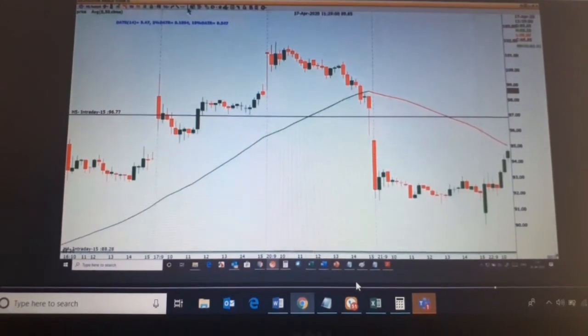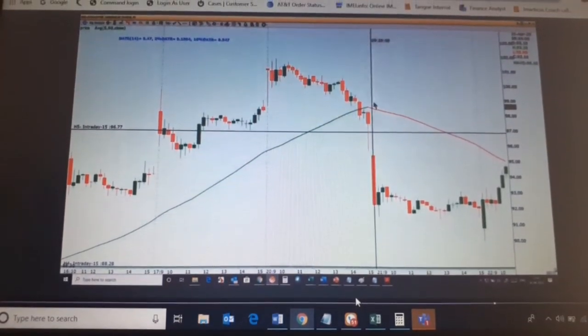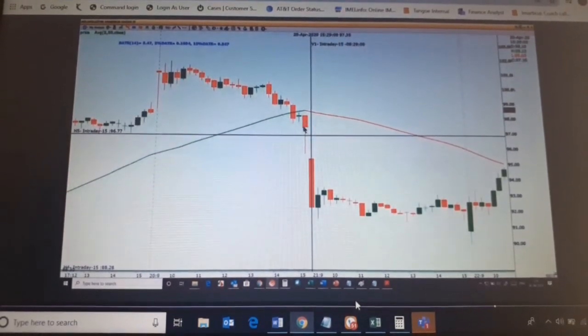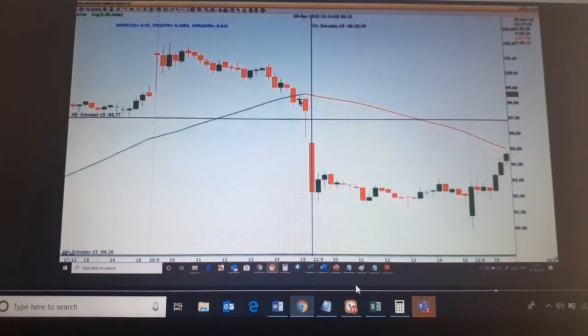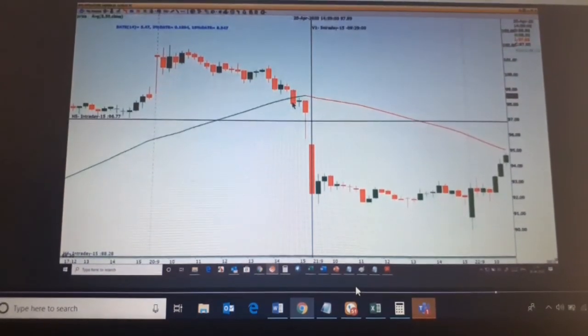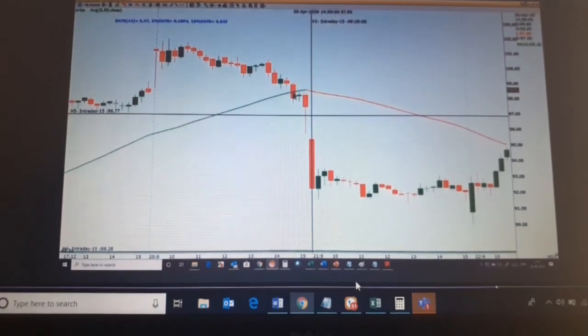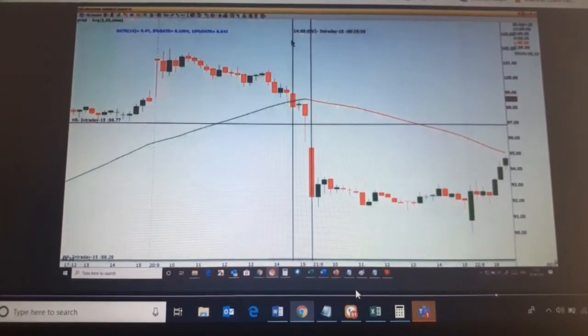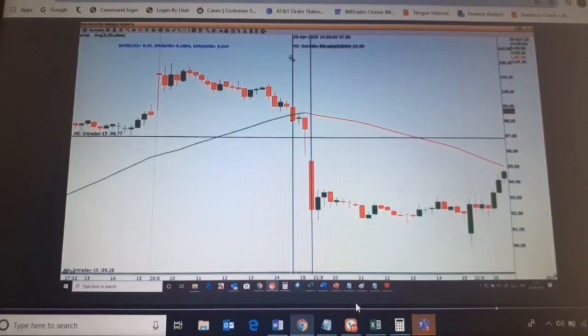Let's mark a vertical line over here. This is my base, and this is my leg-in.